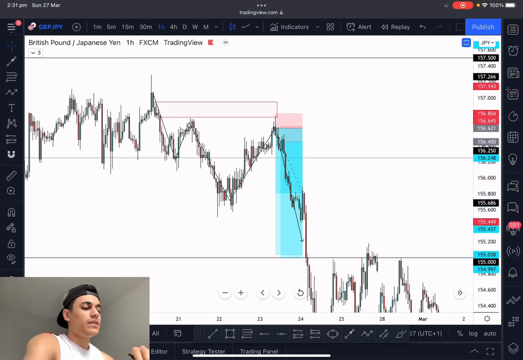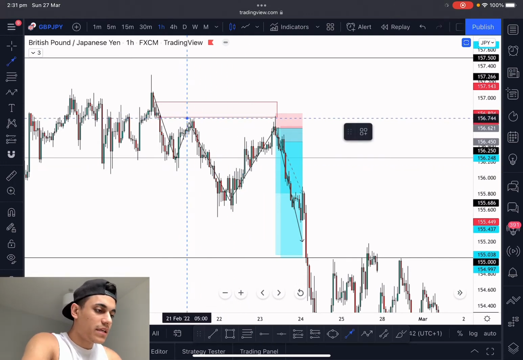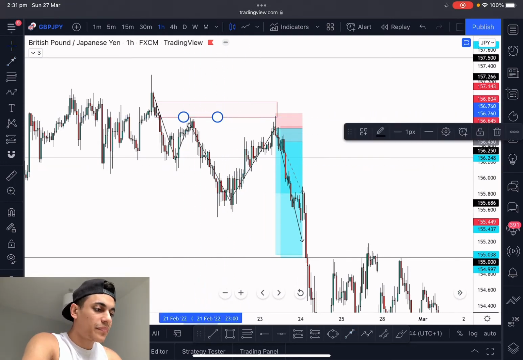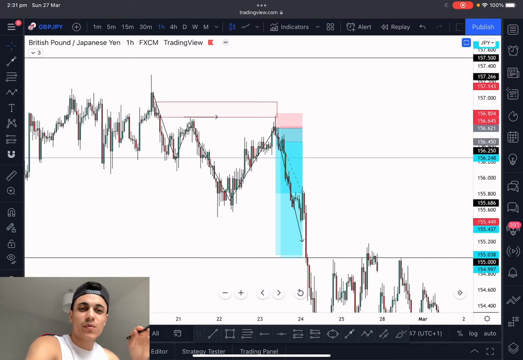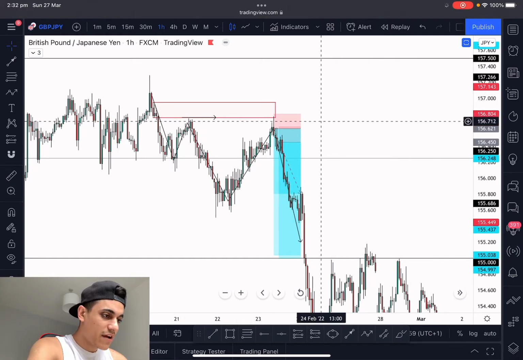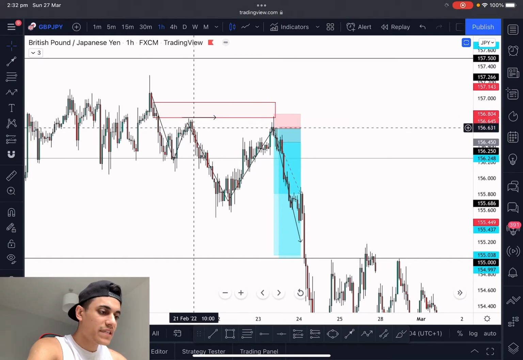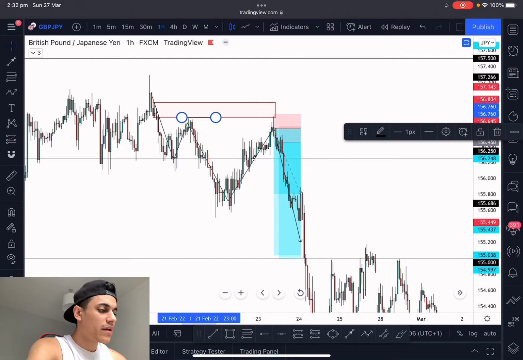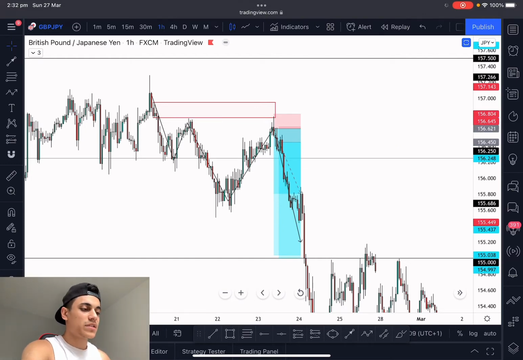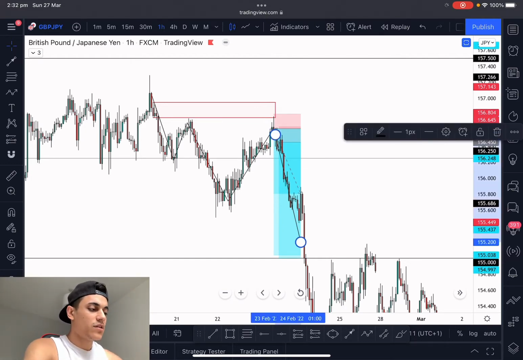After this was created, you can see this mini internal liquidity, where the market creates equal highs or equal lows and then brings back, and then goes back again and slashes through that. You can see how in this case the market slashed through it, went above these equal highs, and from there the market literally melted to the downside and created this lower low.